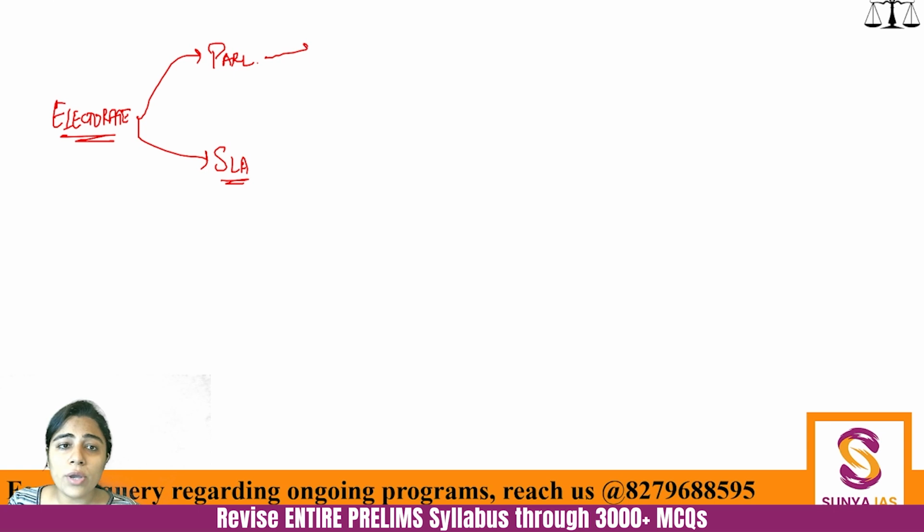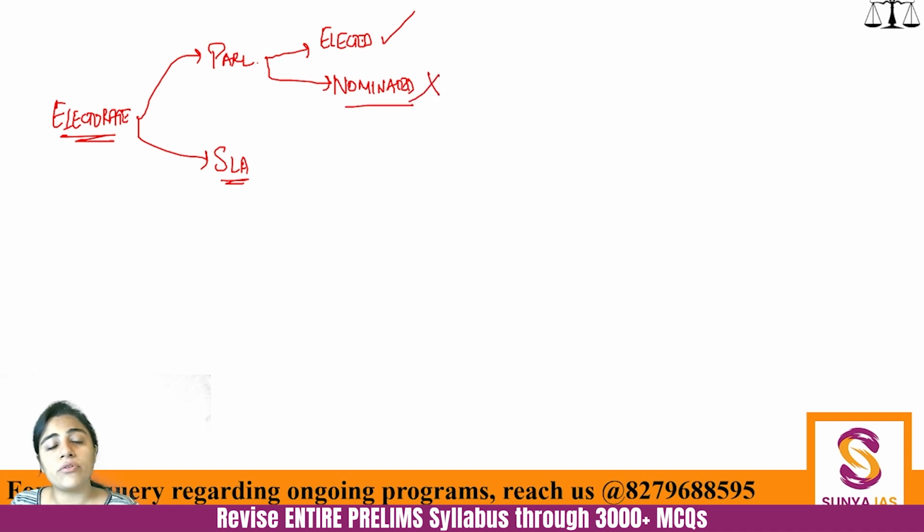Okay. So in the parliament, the elected members, all the elected members, be it if they're a part of a political party or they are independent candidates, they vote. So elected MPs vote, but nominated MPs do not vote. Okay, nominated MPs do not vote.